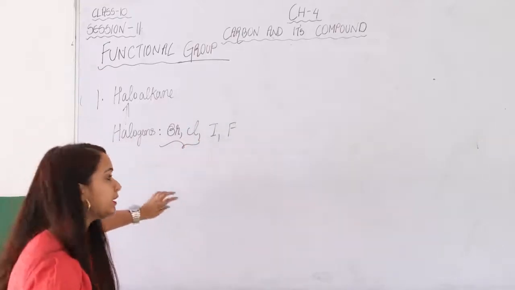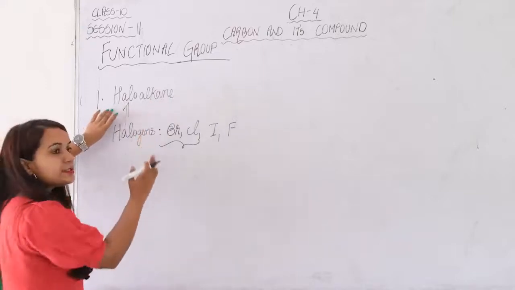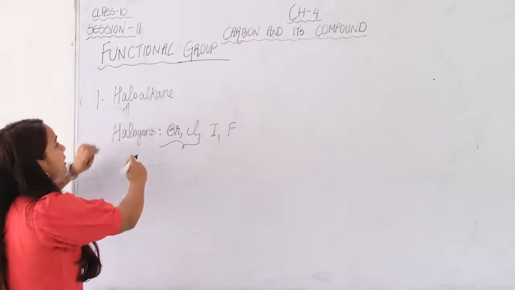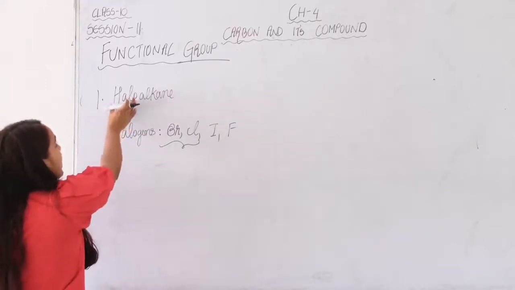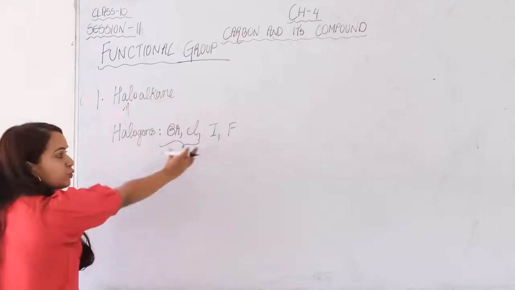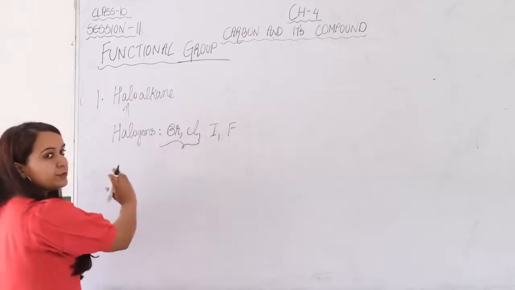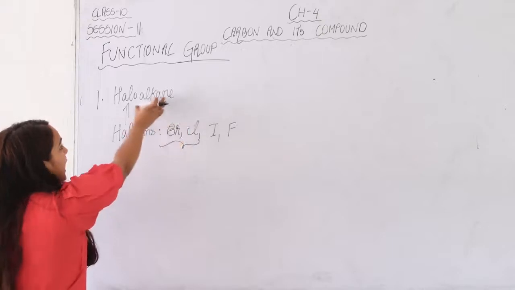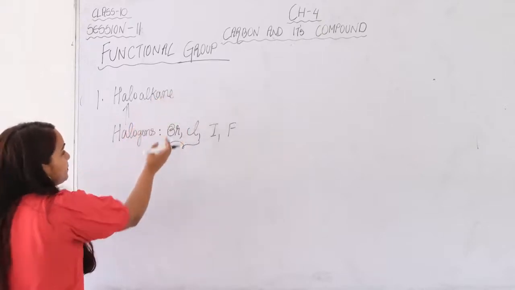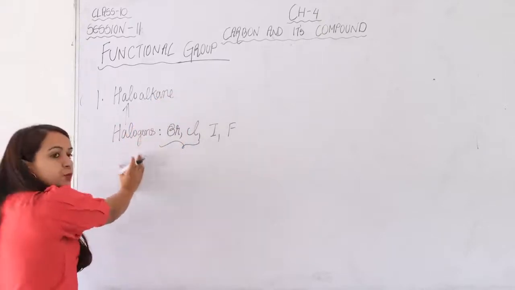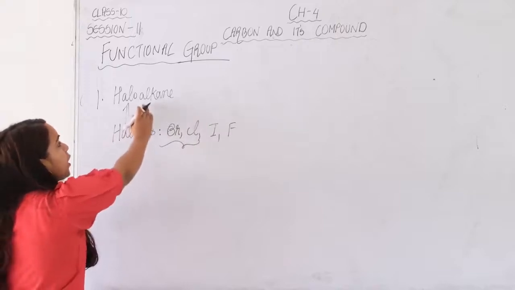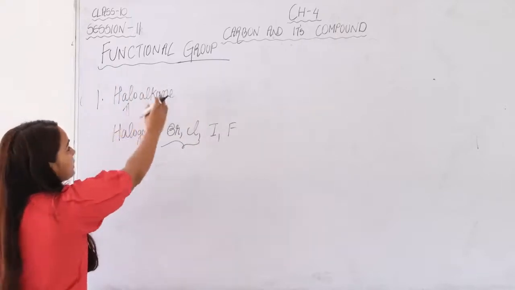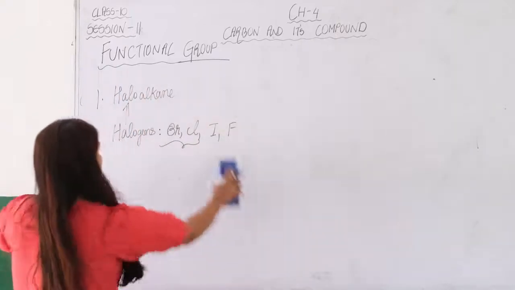So now here, what do haloalkanes mean? Halo means we'll be using halogen groups. In your textbook, we'll be using bromine and chlorine. Alkane means we will be adding the halogen to an alkane. We will see how this haloalkane naming works.